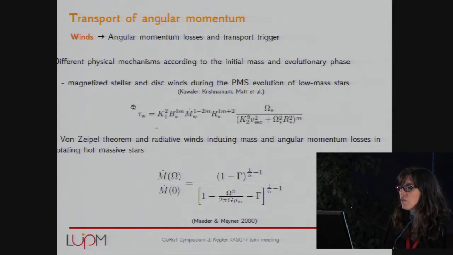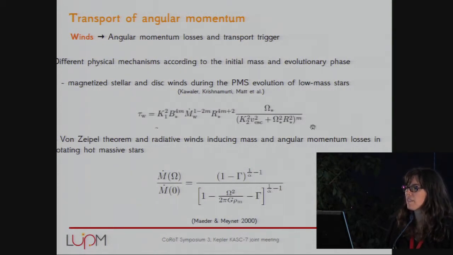And here you have the kind of formula that is available to us, where you have a dependency, you have some parameters, here the K and M, which are calibrated on simulations. In this case, this is from Matt et al. 2012. And then it depends on the rotation rate of the star, on the radius of the star, and on the mass loss also, and magnetic configuration.